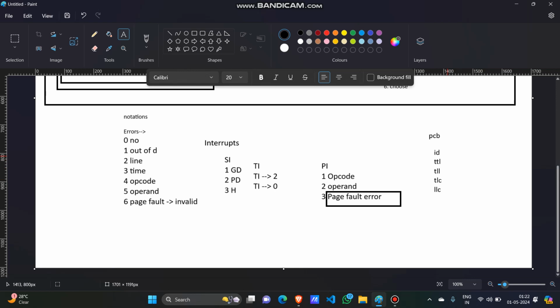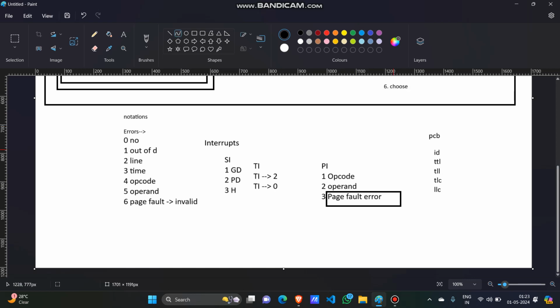So PCB has job ID, the ID of a particular job, and total time limit or time to live. If we are considering computer networks, then TTL means time to live. But if we are considering the phases, then it can also indicate total time limit. Later we have total line limit, time limit counter and line limit counter. So these four values are complementary to each other.